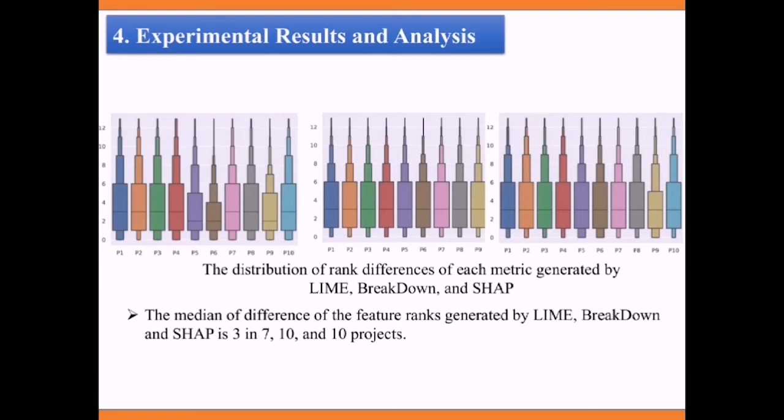Therefore, the most important feature of one instance may rank fourth in another instance. There are greater differences among the instance explanations, which further reflects the importance of introducing CA techniques into JIT-SDP models.